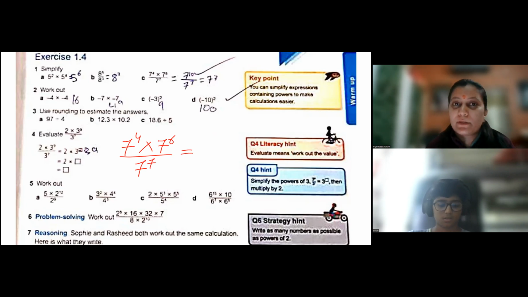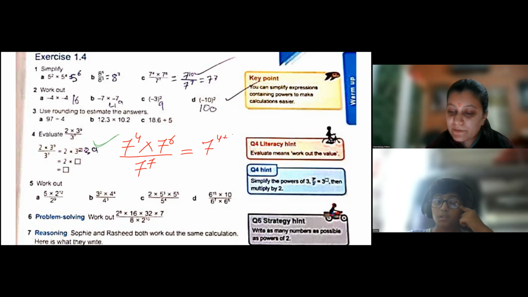First of all, we'll solve the numerator first. In the numerator, we'll get 7 to the power, now there is multiplication, so powers will be added, 4 plus 6, which is 10. Correct.